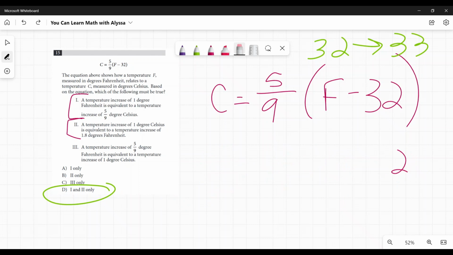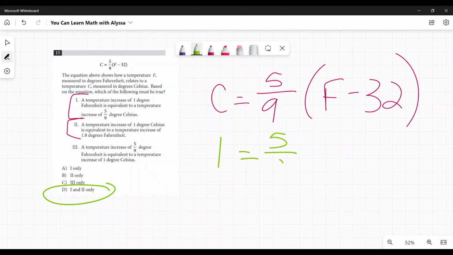The other way would be to put numbers in here again. Temperature increase of 1 degree Celsius. So you might start with what you already had, where when Celsius is 0, Fahrenheit is 32. So you go, okay, and let's bump Celsius up to 1, times 5/9 times F minus 32.